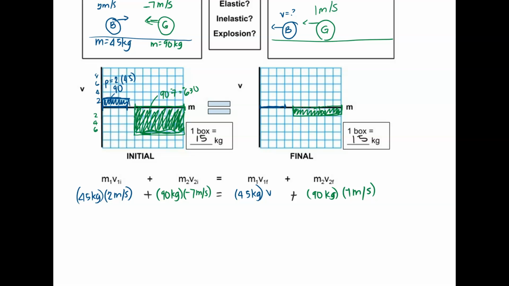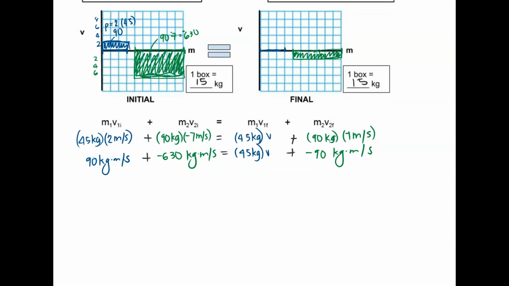So when we do our math, we have 45 times 2 will give us 90 kilograms times meters per second, plus 90 times -7 will give us negative 630 kilograms times meters per second. And everything on this side still stays the same because nothing has changed. But now we can go 90 times -1, which is going to be negative 90 kilograms times meters per second.